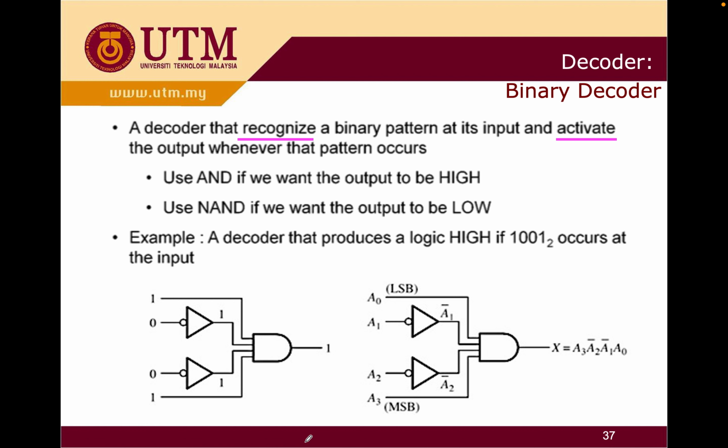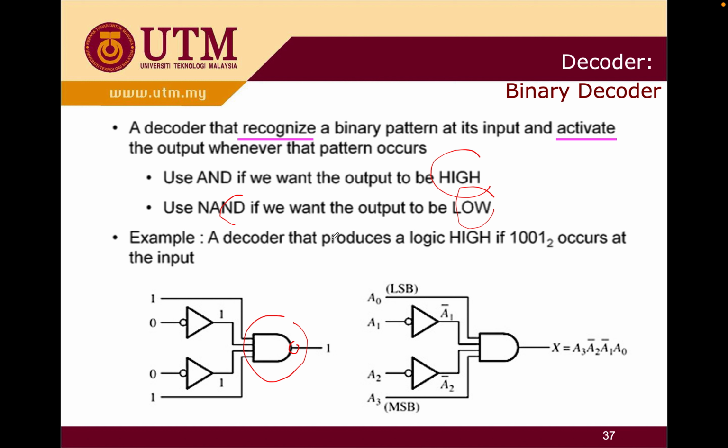For binary decoder, a decoder that recognizes a binary pattern, you're going to have binary input, of course, and it activates the output whenever the pattern occurs. Use an AND gate if we want the output to be high, and we're going to use NAND, just adding another NOT, if we want the output to be low.